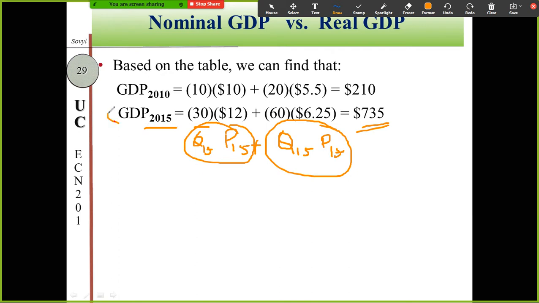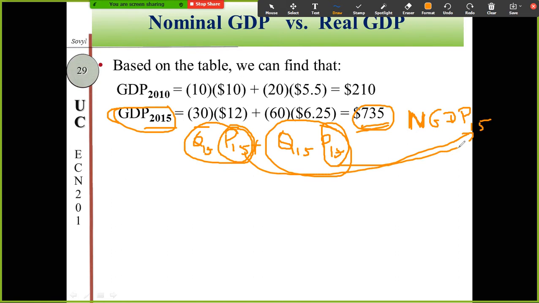So this GDP should be nominal GDP 2015. Because we want to study GDP 2015, we take the price from 2015, that's why I can say this is nominal GDP.